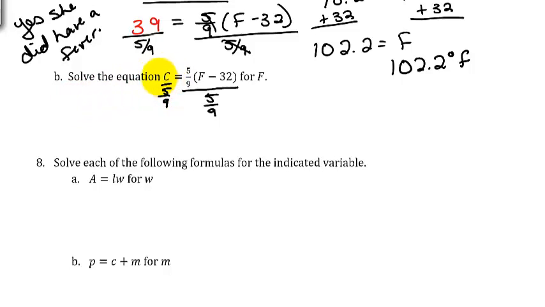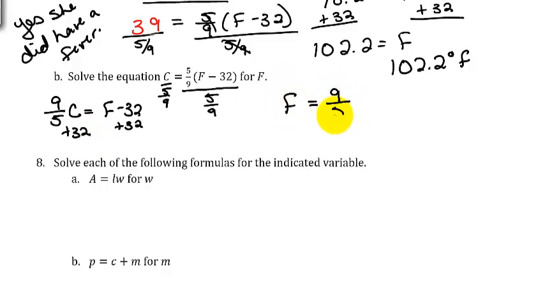So over on the left-hand side, then we'll have 9/5 C is equal to F minus 32, and then we have to add 32 to both sides. So we get the equation F is equal to 9/5 C plus 32.